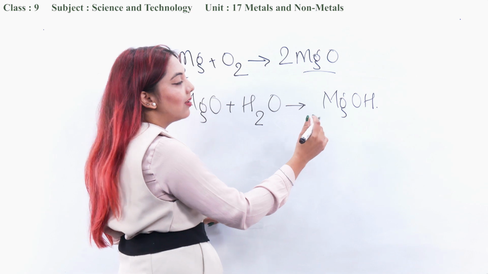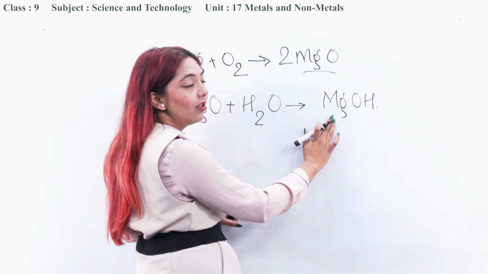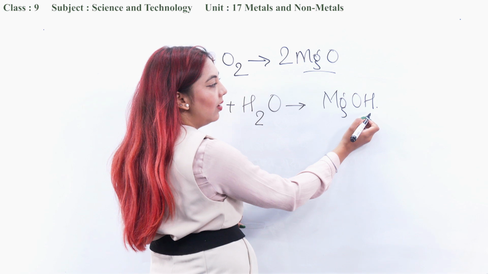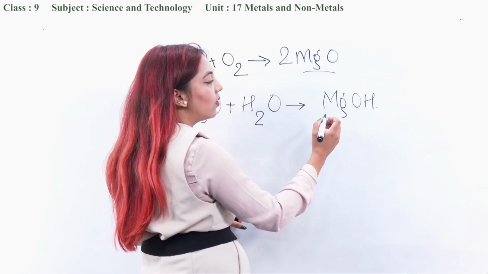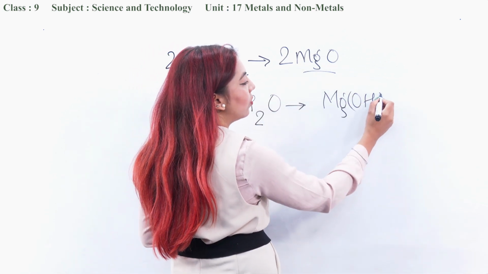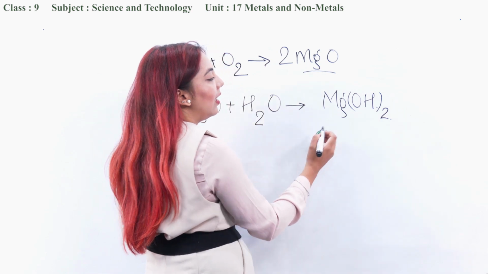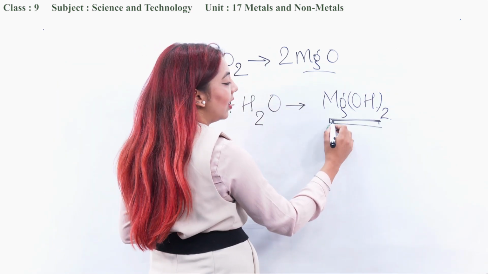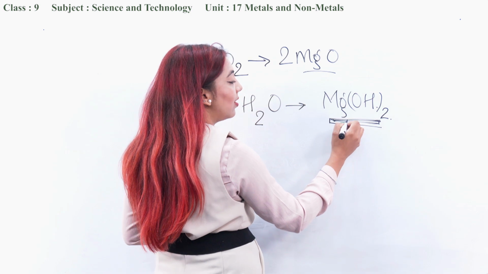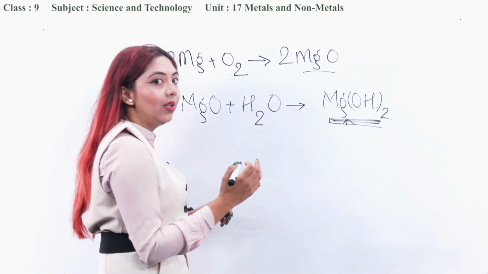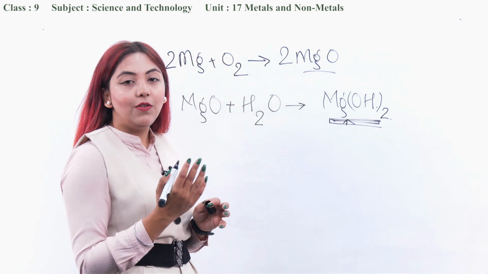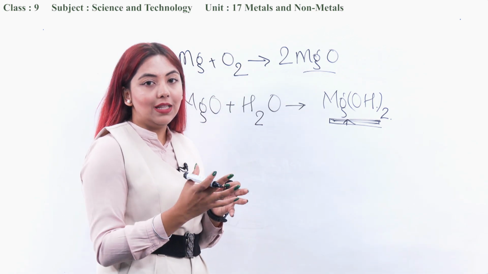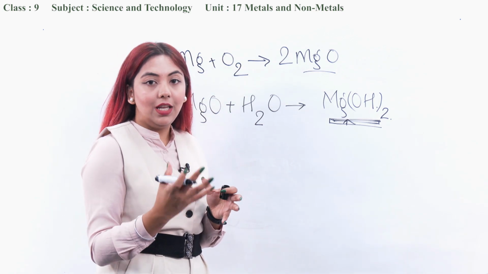Now, what is the valency of magnesium? Yes, it's 2. And the valency of hydroxide? It is 1. So, we have to transfer this 2. So, it formed magnesium hydroxide. Now, to this magnesium hydroxide, we performed the litmus paper test, and we saw that the red litmus paper changed into blue, indicating that it was basic in nature.